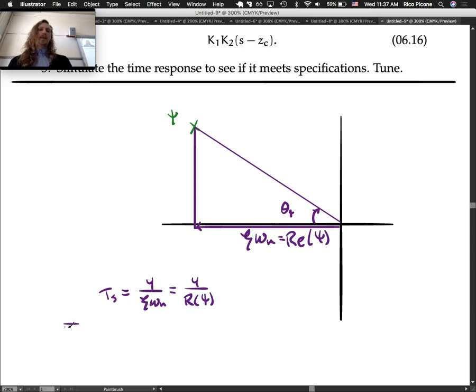Which implies that the real part of psi is equal to 4 divided by ts, which is equal to 4 divided by 0.2, which is what?